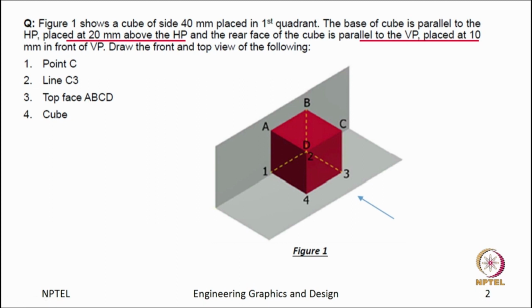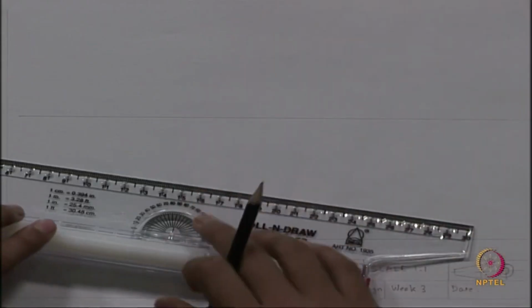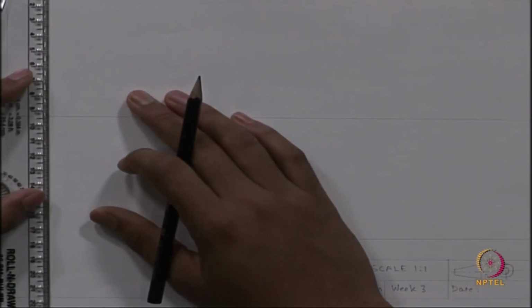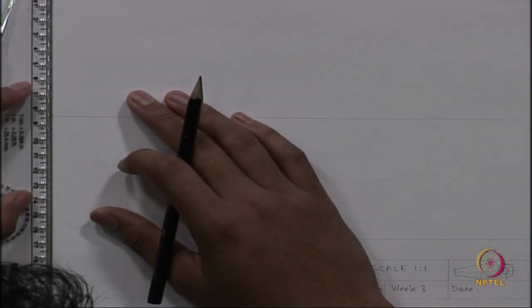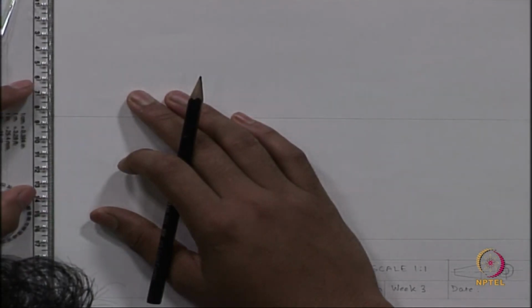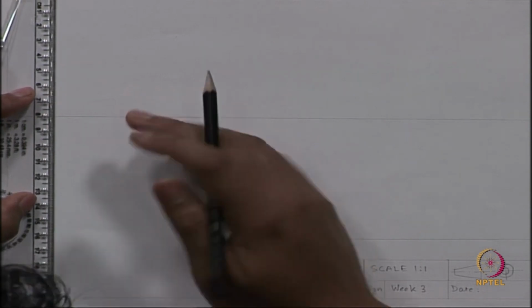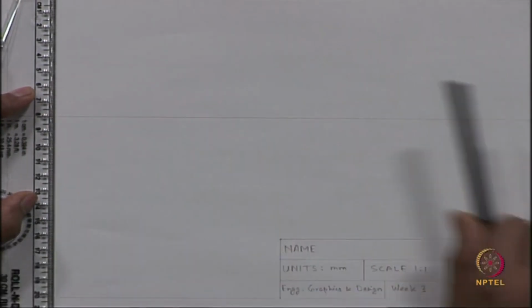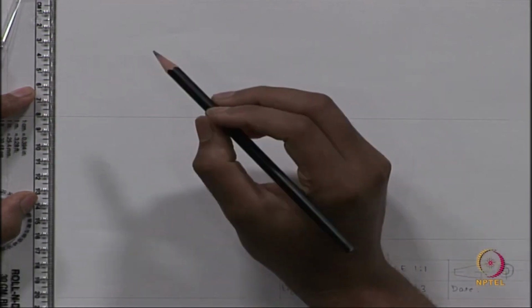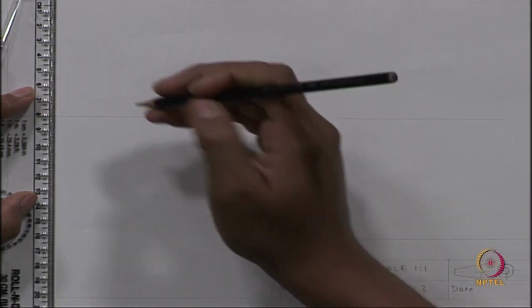So, from reference line we have to draw the point above 60 millimeter. Let us mark the point first. For drawing, I will be using 2H pencil.